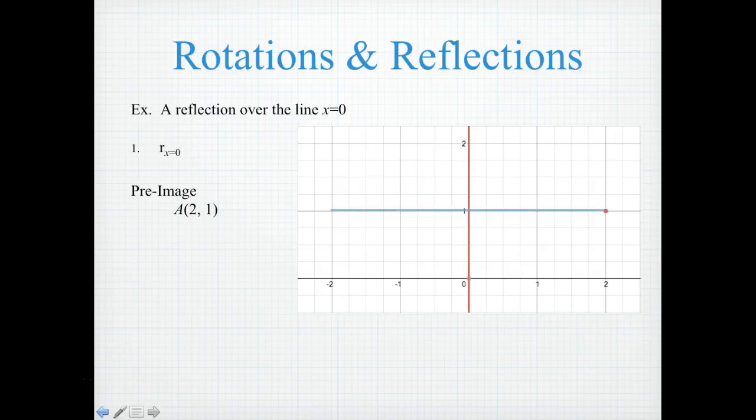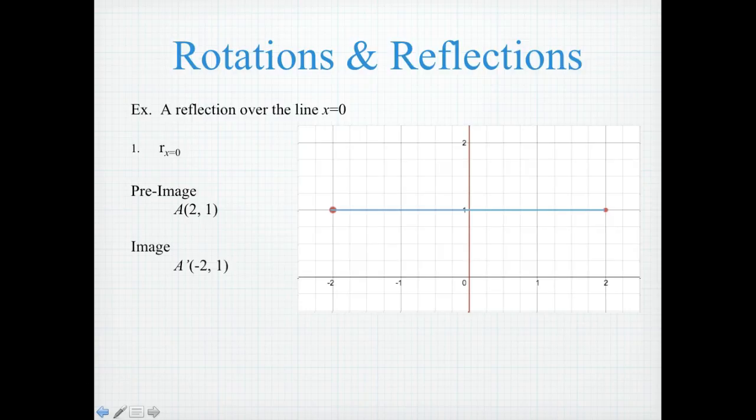The pre-image lies 2 units from the line of reflection, so we reflect it exactly 2 units to the opposite side of the line of reflection, which puts us at the coordinate (-2, 1). So the general rule for a reflection over the line x equals 0 is that coordinate (a, b) will reflect to coordinate (-a, b).